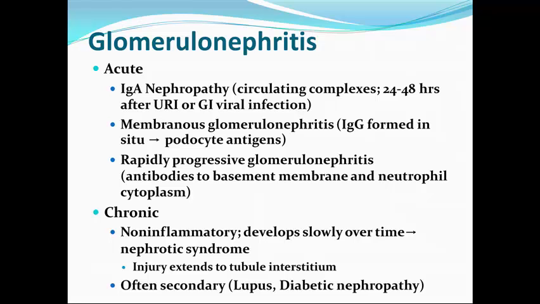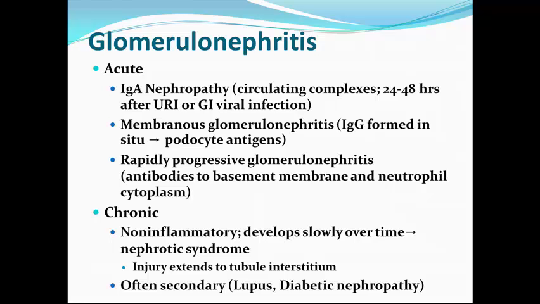This is more common in children and frequently occurs 24 to 48 hours after an upper respiratory or a GI viral infection. The most common acute glomerulonephritis is membranous glomerulonephritis, and this is IgG related.